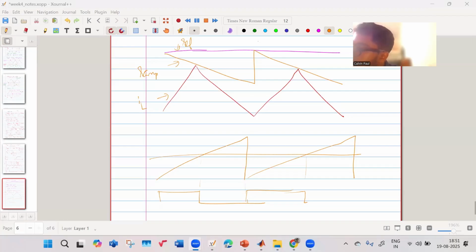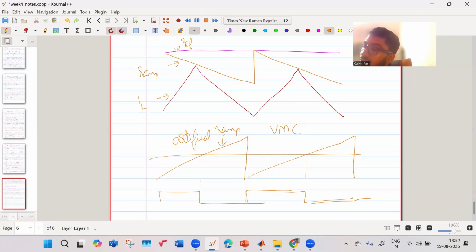So what happens here is you have an artificial ramp, right? In voltage mode control, you have an artificial ramp. But in current mode control, you're using the natural ramp of the inductor current to generate your duty.